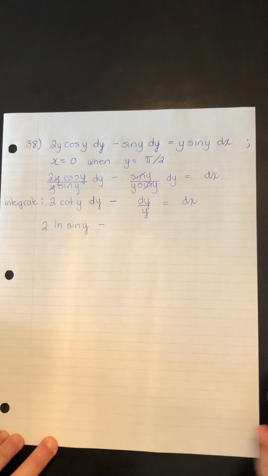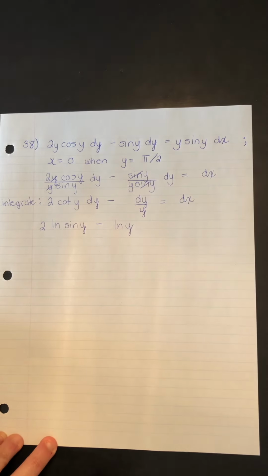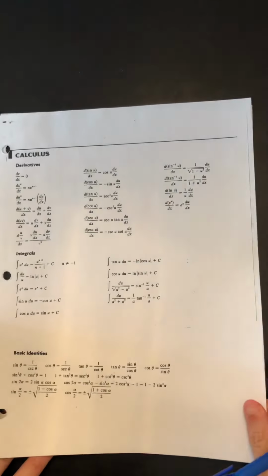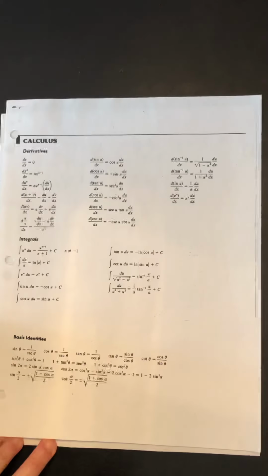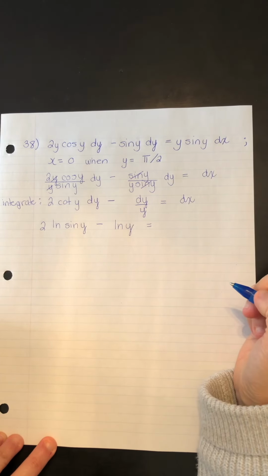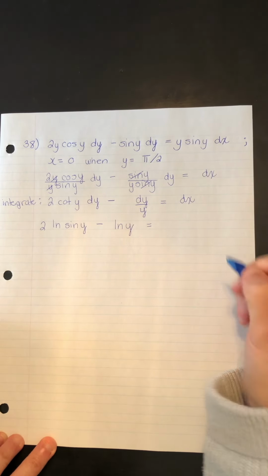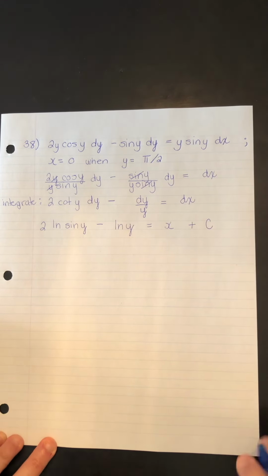The integral of dy over y, of course, is the ln of y. You know that. We've used that many, many times, but it's here. And what is the integral of dx? Well, that's the integral of 1 dx, and it's x. And here we need our constant.